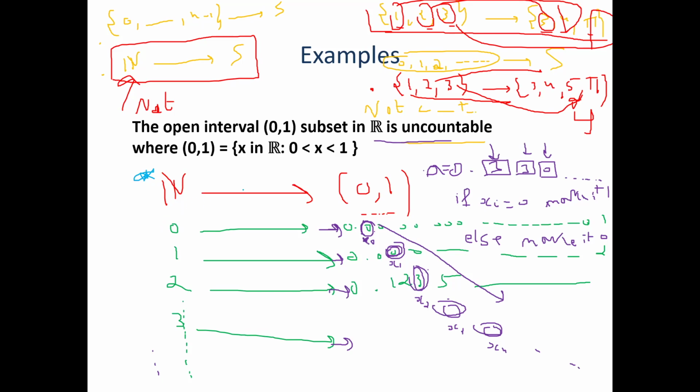What does it mean that you have this bijection? It means each element in N is gonna point to each element in this range 0 to 1. So every possible number that you have in this range, it's gonna have something pointing to it.